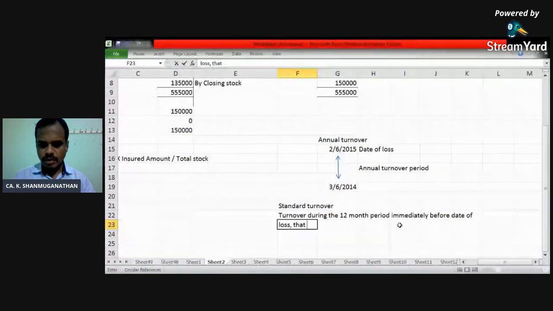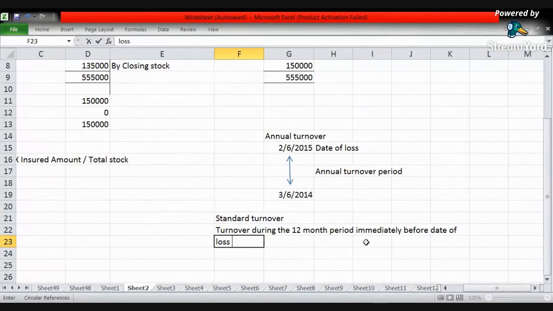Most important, that is parallel to indemnity period. Or I can simply write, parallel to indemnity period.